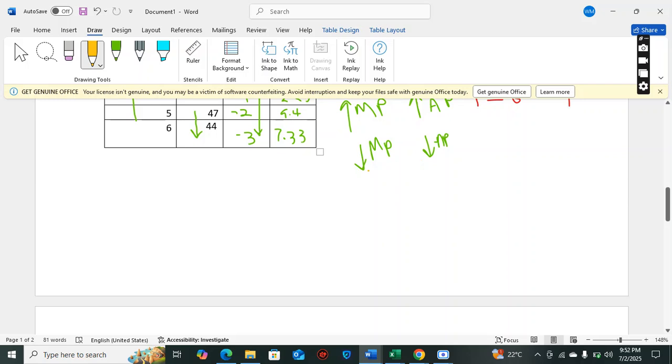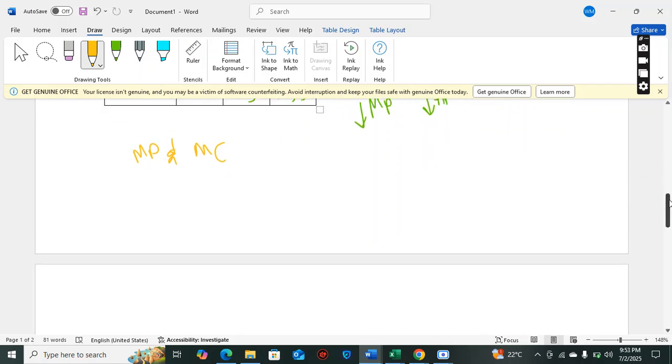Then we can now look at the relationship between marginal product and marginal cost. So these two have got an inverse relationship.